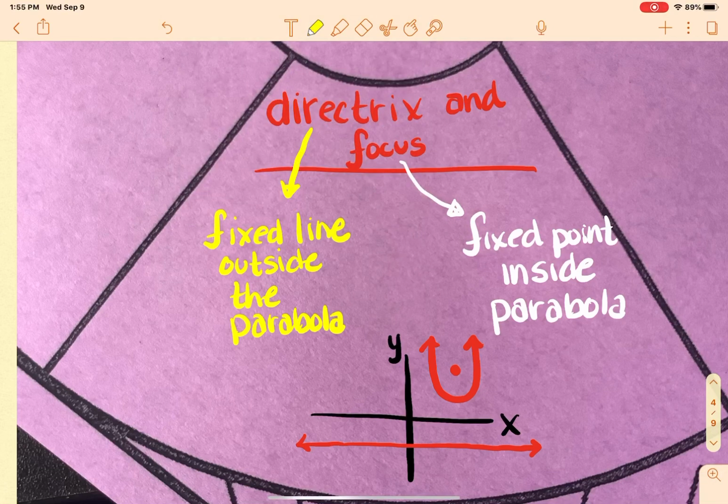So the directrix is this line, and the focus is that point. Here's what's kind of cool about this. The distance from this point to the vertex and from the vertex to the directrix should be the same. Now, I just kind of eyeballed this, so I can't guarantee it's the same. But this distance right here should be equal to this distance right there. Okay, we'll pick up with vocabulary again tomorrow.